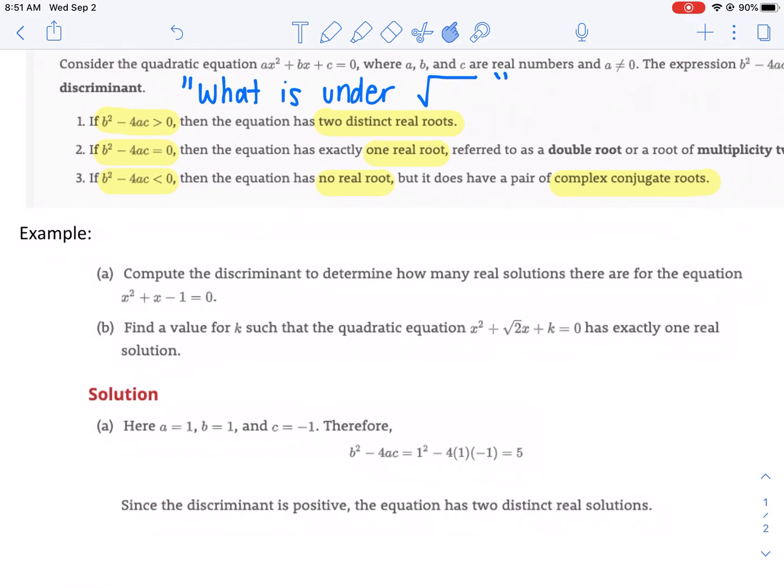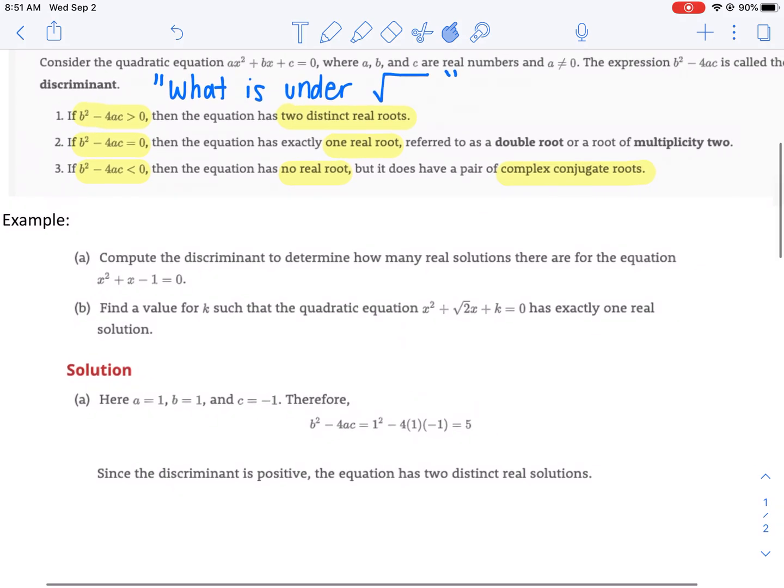So, quick example for you based on the discriminant. Part 8, compute the discriminant to determine how many real solutions there are for the equation x squared plus x minus 1 equals 0. Notice you do not need to actually perform the entire quadratic formula. You can simply plug in to the discriminant, and based on your answer, you can tell how many roots.